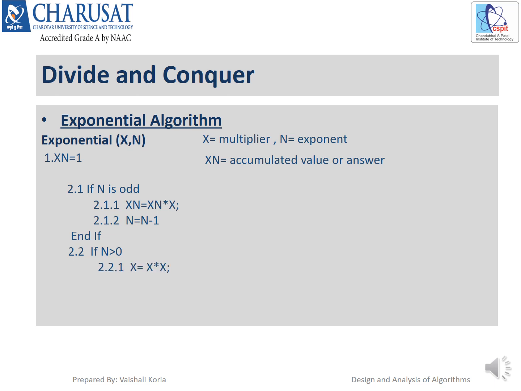So we have to multiply the multiplier with itself and update the multiplier. So x is equal to x into x and the exponent is divided by 2. So that is the exponential algorithm, which is using the divide and conquer method to find out x raised to n. And all these things must be done while n is greater than 0. When n is equal to 0, we have to stop this procedure.